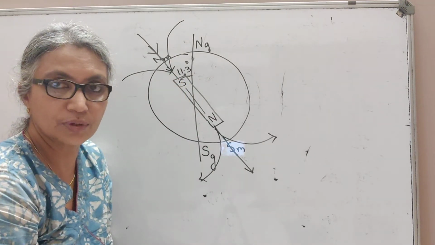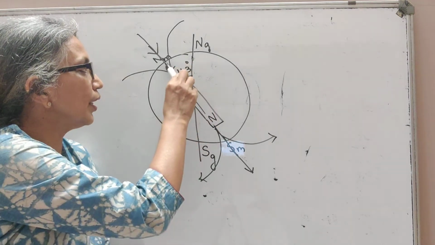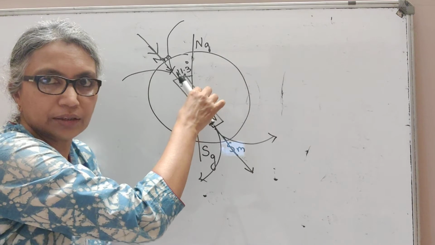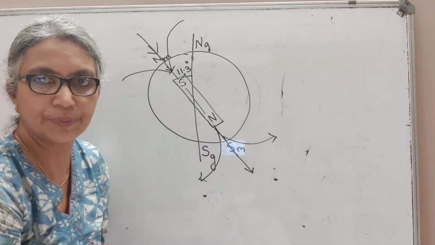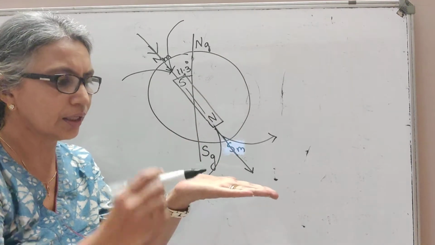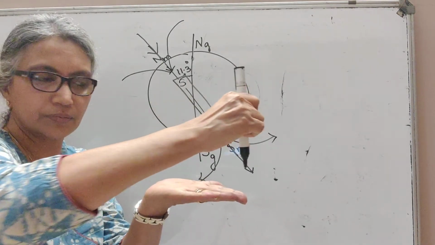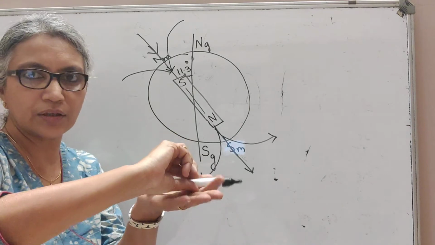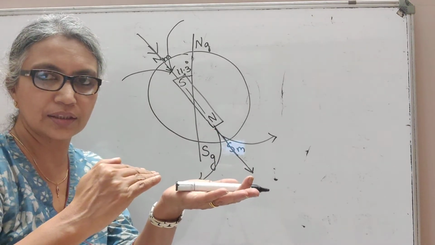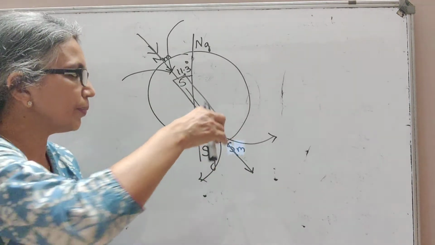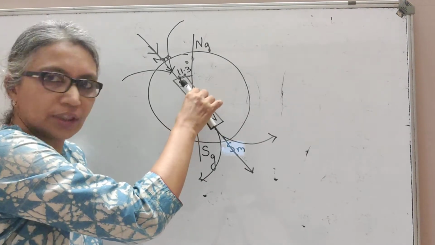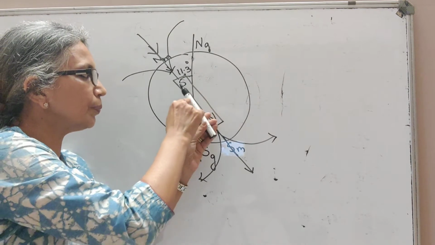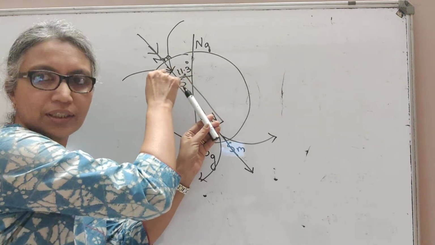But when the nomenclature was given, it was named magnetic north here because if you suspend a bar magnet or your compass needle, you know what a compass needle is, you must have seen that horizontal circular dial. It will have a needle, one end of which is the north pole and the other end is the south pole. If you allow the magnetic compass needle to rotate freely at any place, you will see that the north pole will point towards here, because this is actually the south pole.